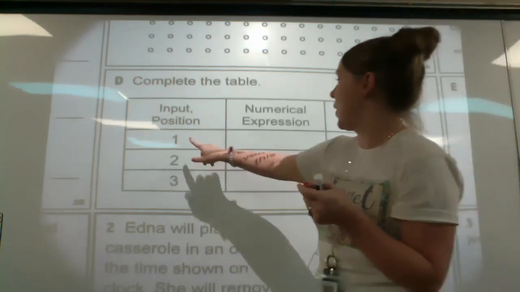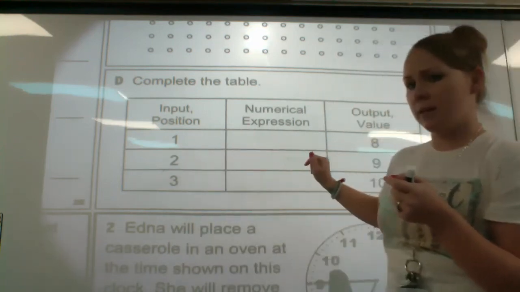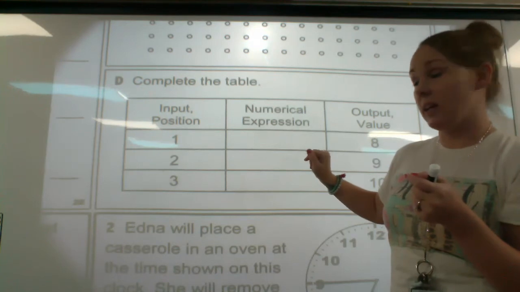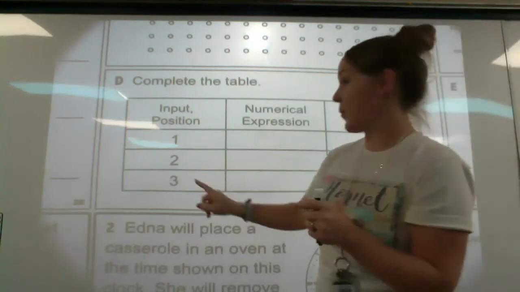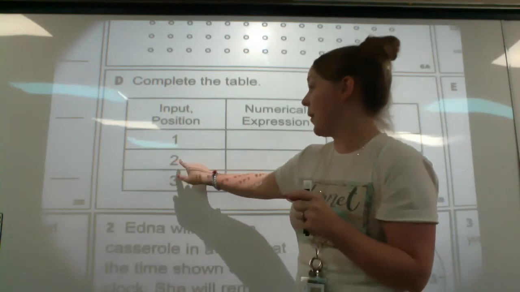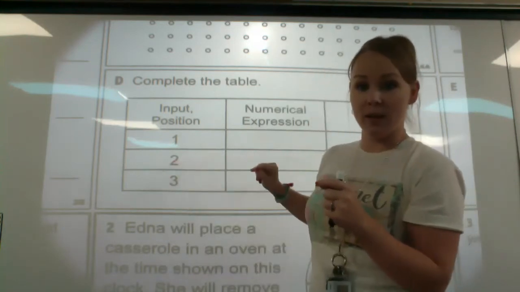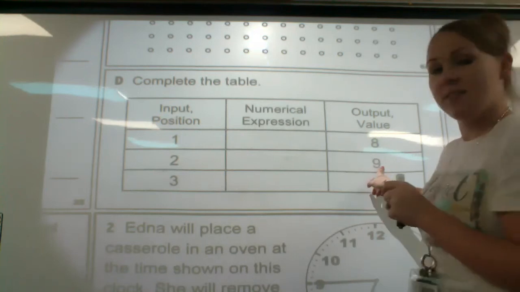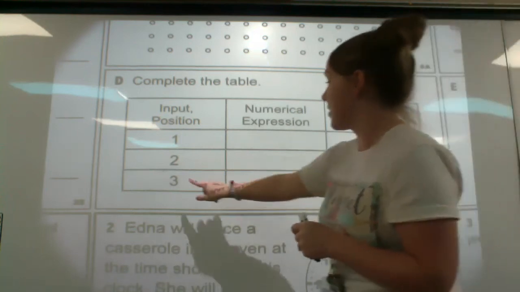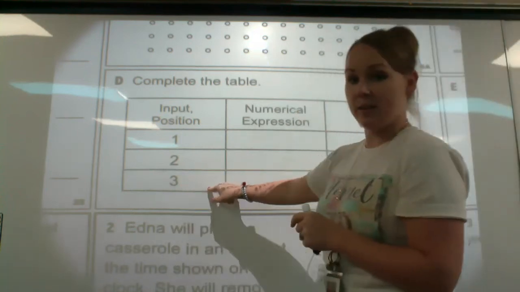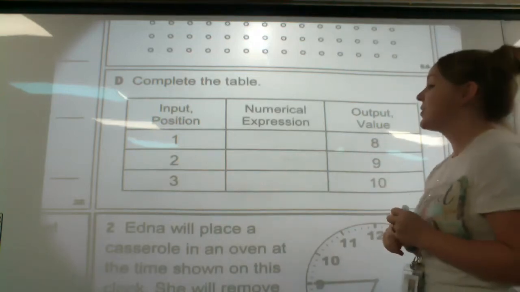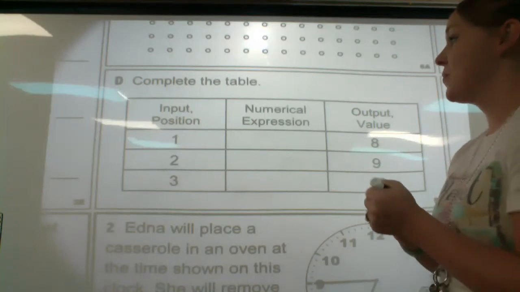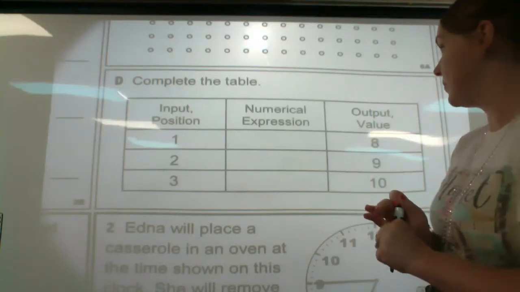I could do 1 plus how many? 1 plus 7 would give me 8. So let's check it with this one. If I do 2 plus 7, what do I get? 9. So it checks out. 3 plus 7 would be 10. So here we figured out the rule. The rule is plus 7.